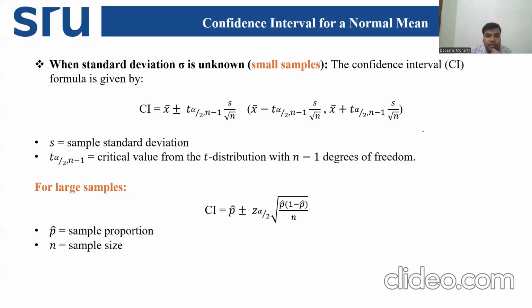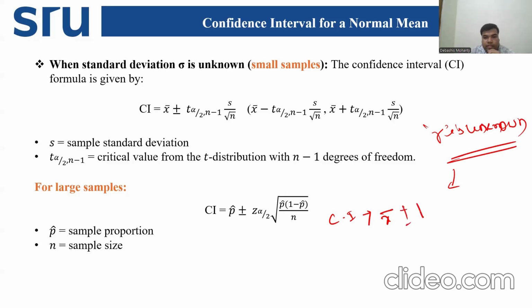But here the standard deviation is unknown. So what will we do if the sigma value is unknown in the question? We can calculate the confidence interval by applying x bar plus or minus t alpha by 2. Here we have to apply the t distribution, comma n minus 1, s divided by square root of n. Similarly, one is for plus, that means x bar plus t alpha by 2, n minus 1.